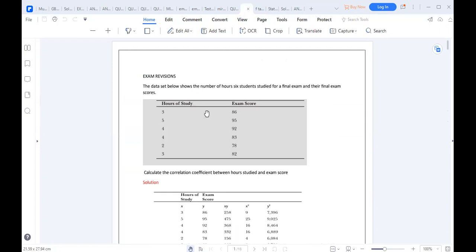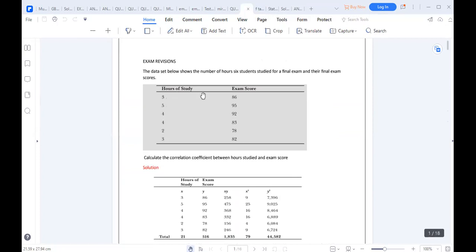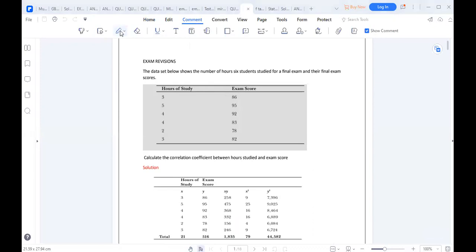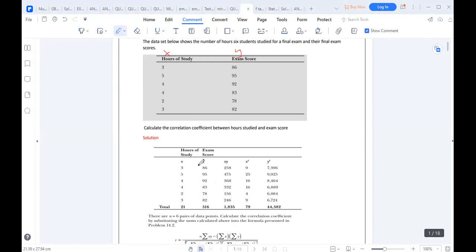Then finally we go to regression. You've been given the number of hours and the exam score. Our X is the number of hours. The exam score is our Y. When you put them in here, X and Y, we multiply them and we square them.